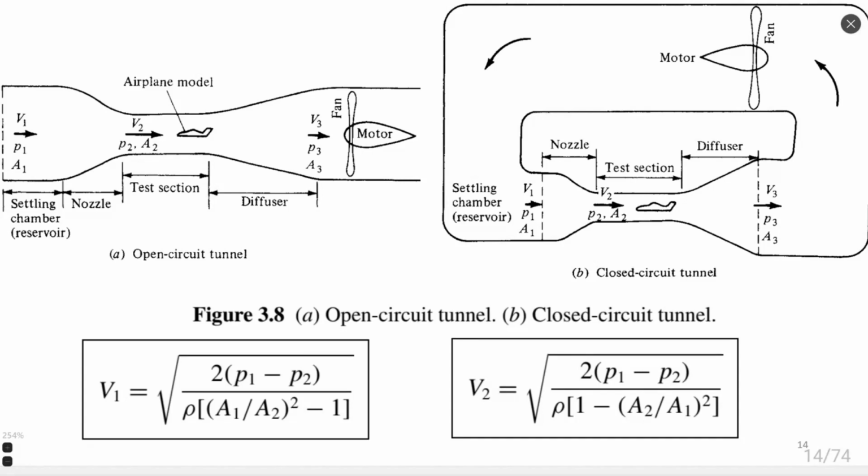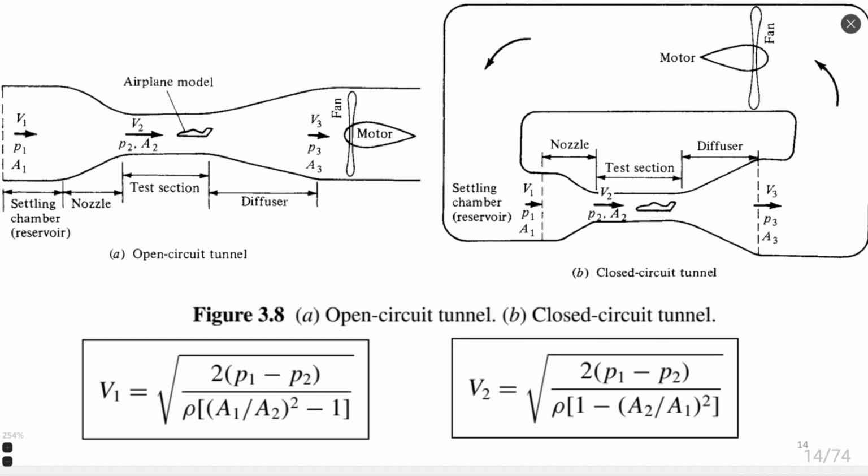So inside this test section, it's important to estimate the flow velocity, the relation between flow velocity and pressure difference, which may be measured easily on such a type of tunnel. You can also see an equation at the bottom of the screen.